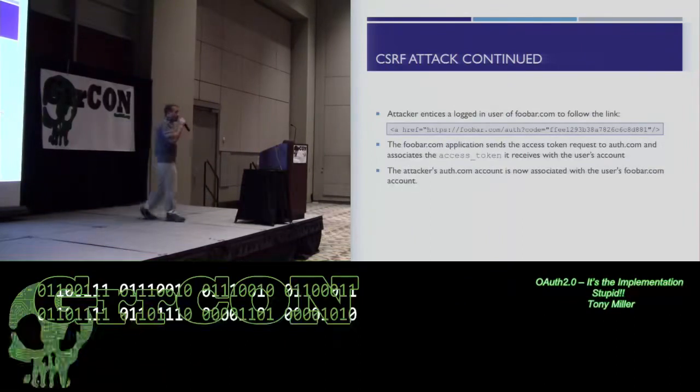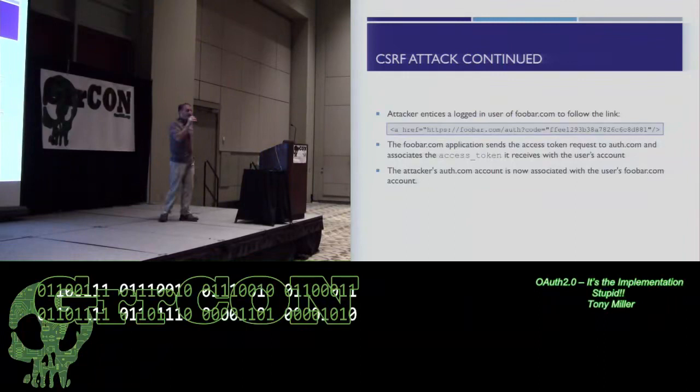So, what can we do with that? Oh, so many evil things, right? If this is one of those websites that's decided to use OAuth for authentication, boy, that attacker might have the access to use his auth.com credentials to get into the user's foobar account, correct? Maybe it doesn't do authentication, but maybe they're at least using it to display data. Couldn't I display fraudulent data now within the user's foobar.com account?